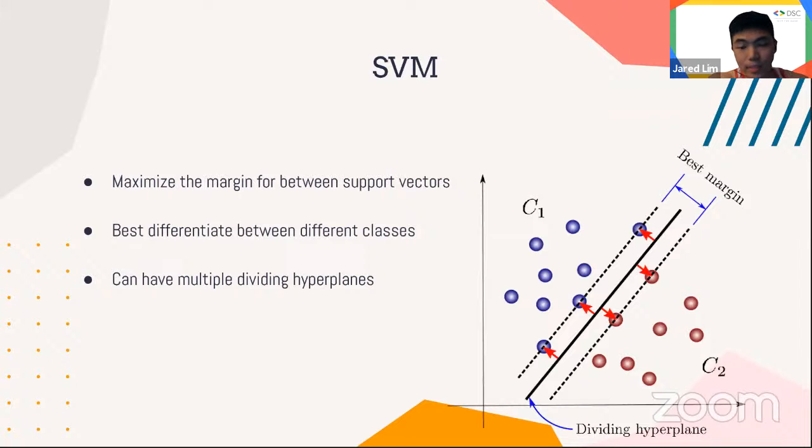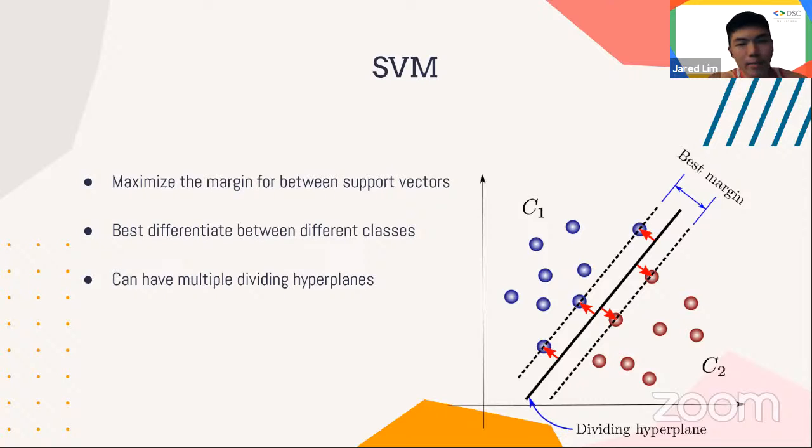As seen in the picture below, the objective for most SVM algorithms is to maximize the margin between the support vectors. Support vectors are the ones at the edge of the hyperplane. So that you can maximize the categorization between different classes.